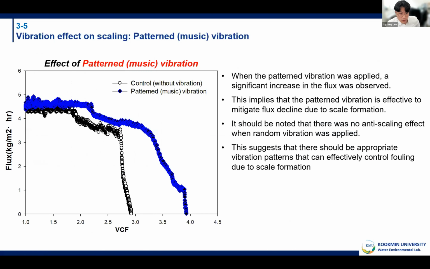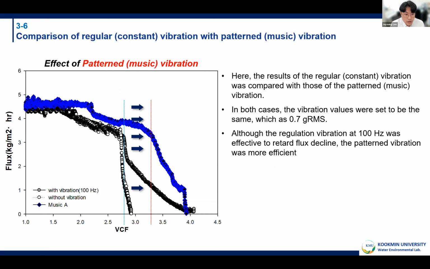When the patterned vibration was applied, a significant increase in the flux was observed, as shown in this figure. This implies that the patterned vibration is effective to mitigate flux decline due to scale formation. It should be noted that there was no anti-scaling effect when random vibration was applied. This suggests that there should be appropriate vibration patterns that can effectively control fouling due to scale formation.